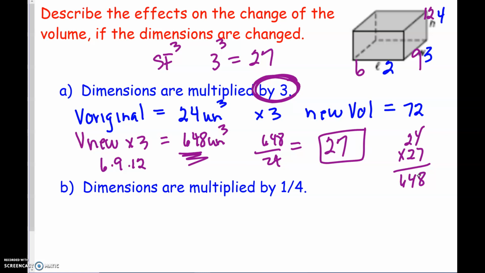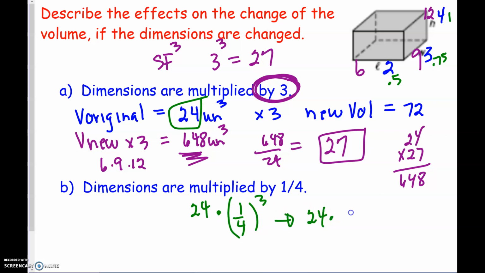Okay, now how does this work if we multiply by 1/4? Well, again, you can go in and take 1/4 of everything and get a new dimension here. So I did that. 1/4 of 2 is 0.5, 1/4 of 3 is 0.75, and 1/4 of 4 is 1. Or we can just go back to this original number, 24, and multiply it by this scale factor cubed, which means we're really taking 24 times 1/64.